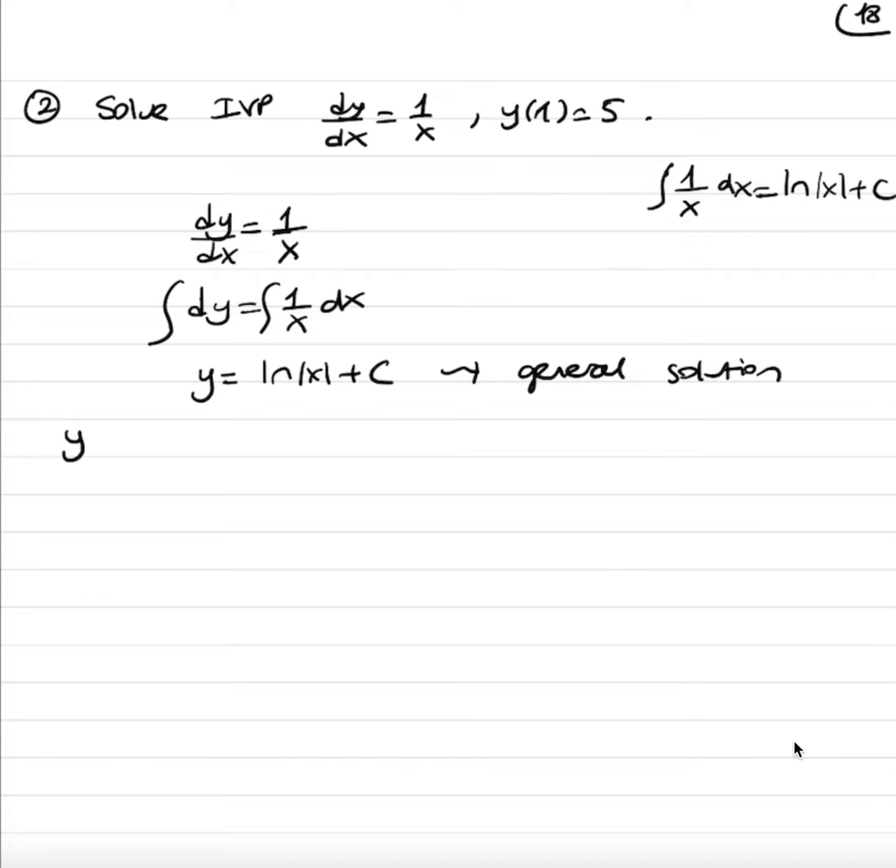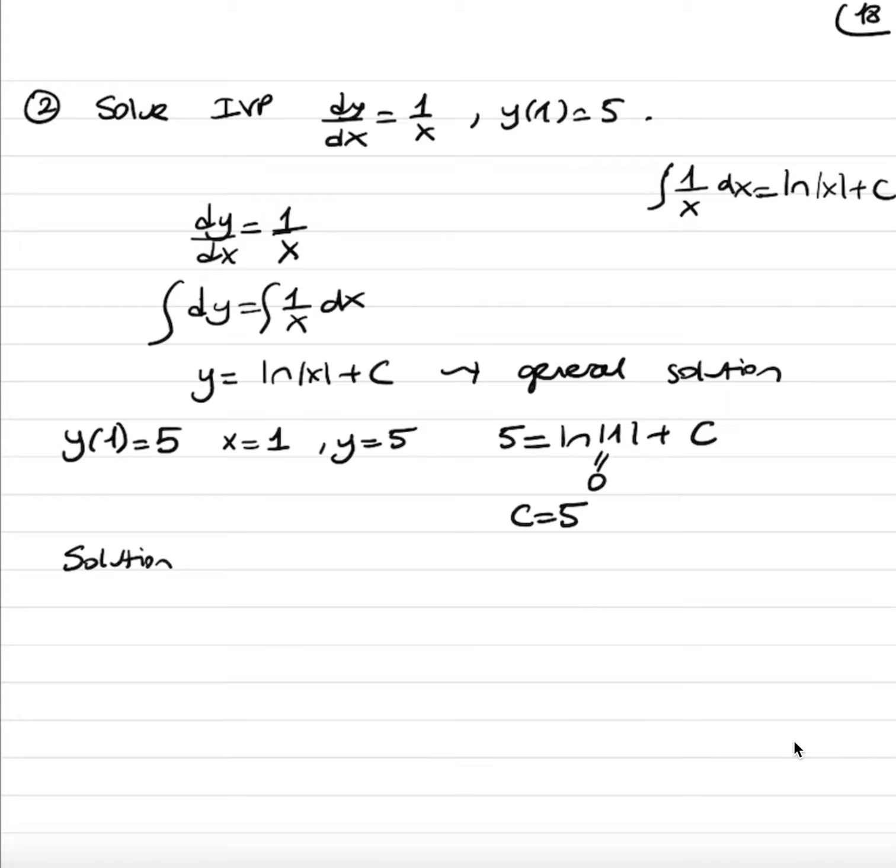but we are asked to find the solution which satisfies the condition y(1) is equal to 5. What does this mean? If we put x is equal to 1, we should get y is equal to 5. So 5 is equal to ln 1 plus c. We know that ln 1 is equal to 0. So we have c is equal to 5. So what is the solution of the initial value problem?